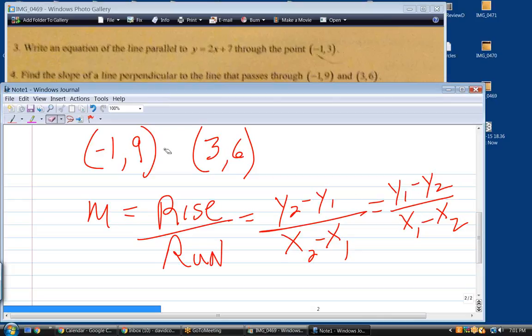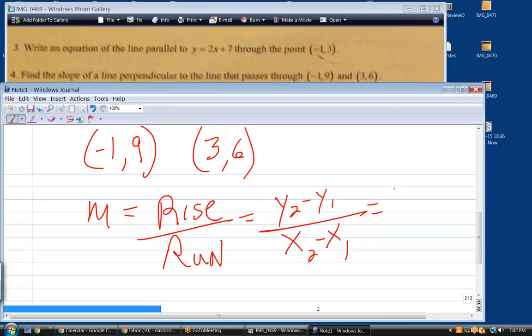But with these 2 points, it's really no more convenient to use this one than the other. You're going to end up with a negative number regardless. So let's use the official definition, and let's be very specific with our numbers so that we don't lose the sign.